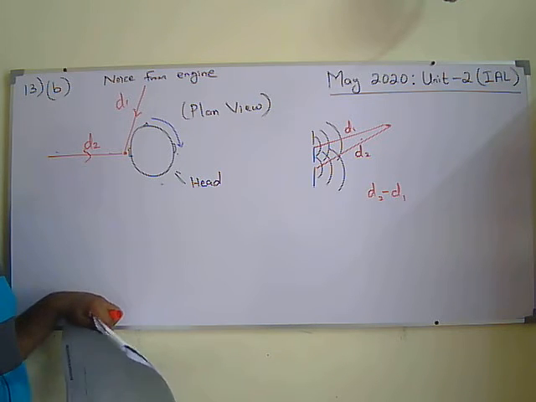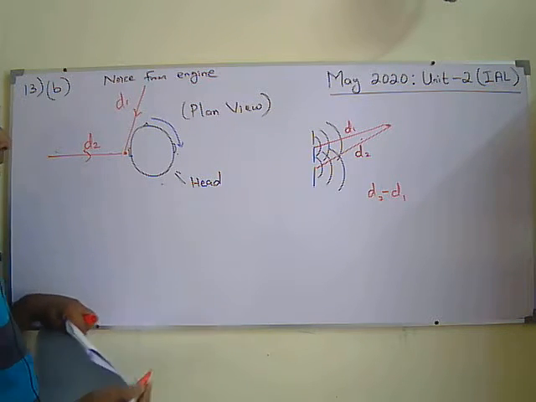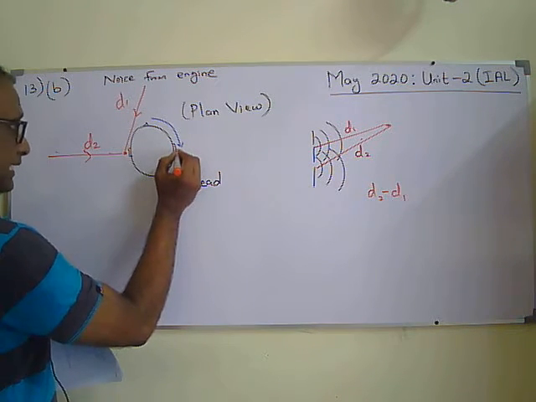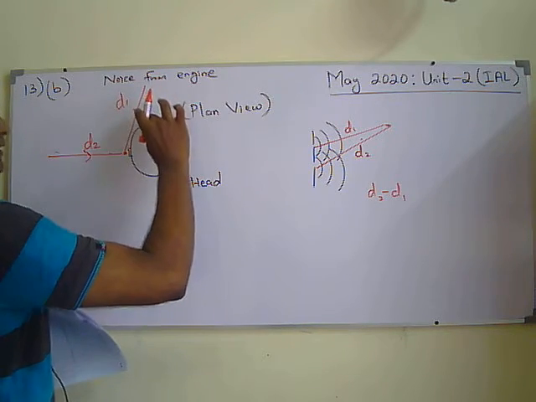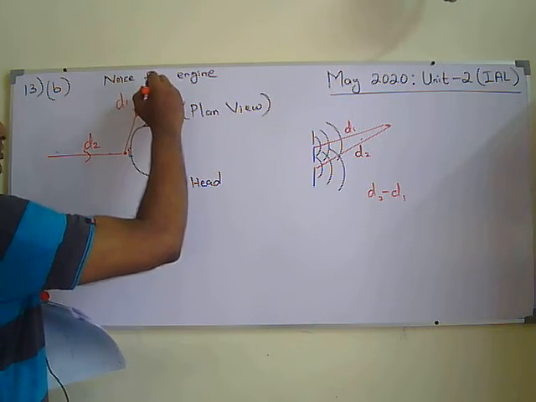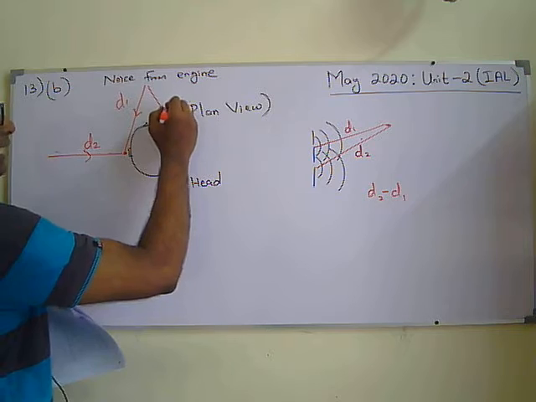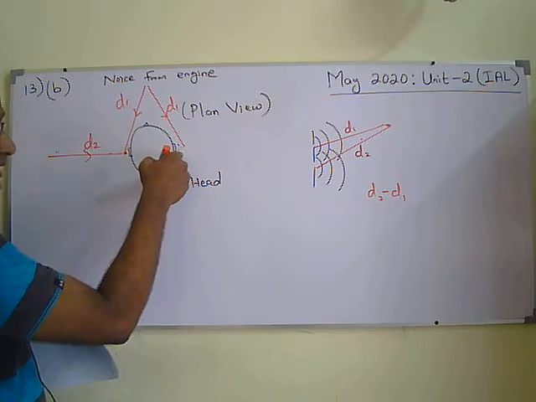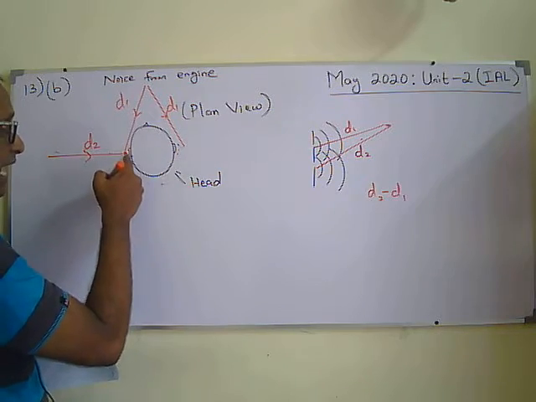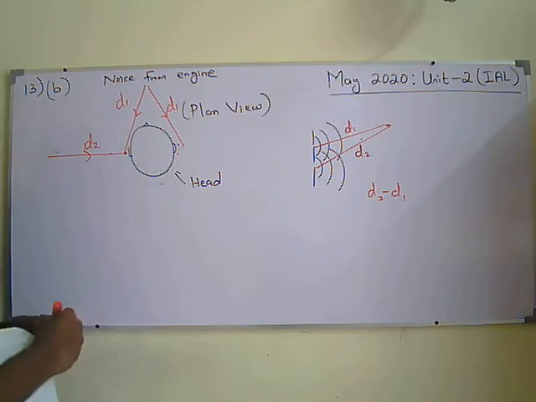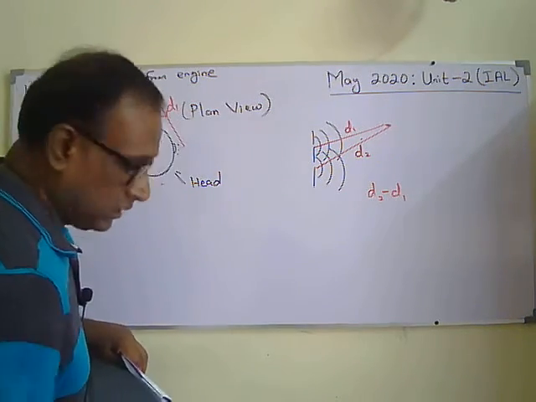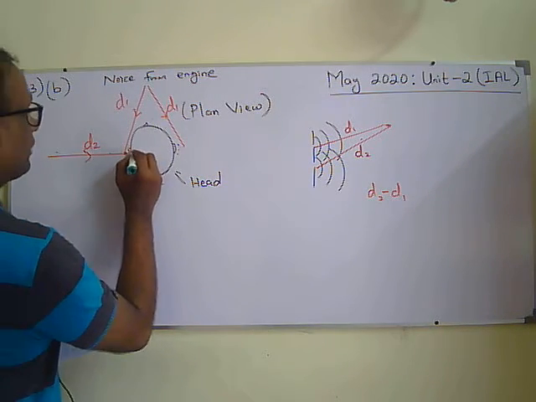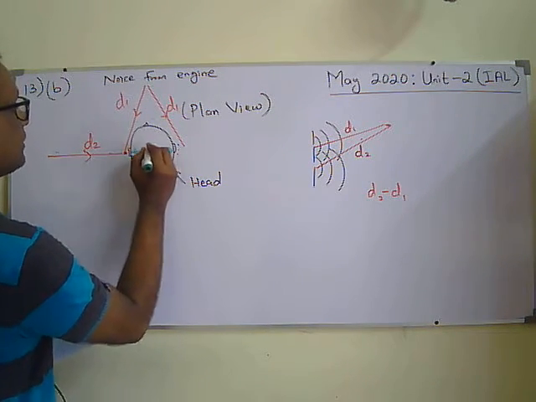But when you consider the right ear, this path will be the same as this one, so this is also d1. But the sound has to travel an additional distance equal to the size, or diameter, of the head.